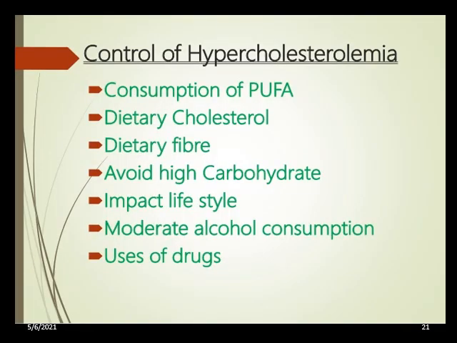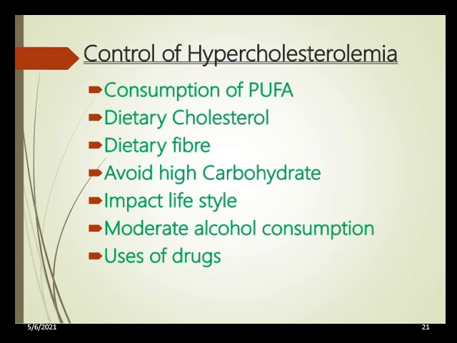Then control of hypercholesterolemia. It is through consumption of PUFA. PUFA mainly helps for the esterification of cholesterol. Then dietary cholesterol control. Then dietary fiber: we should take more amount of fiber which enhances the esterification of cholesterol and excretion. Then we should avoid high carbohydrate because high carbohydrate can be converted into fat.